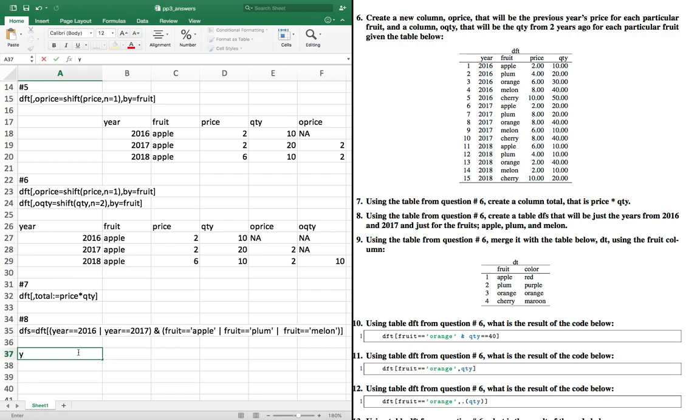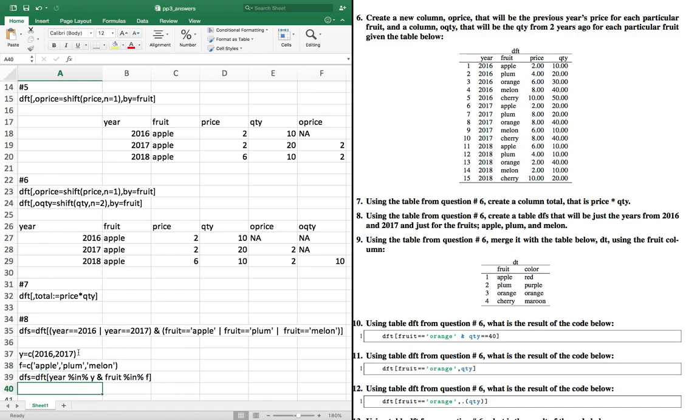So I would create a vector for years, 2016, 2017, and a vector for fruit, apple, plum, melon, and now I would do the same thing again: DFS equals DFT, year, ampersand in Y, and fruit in F.